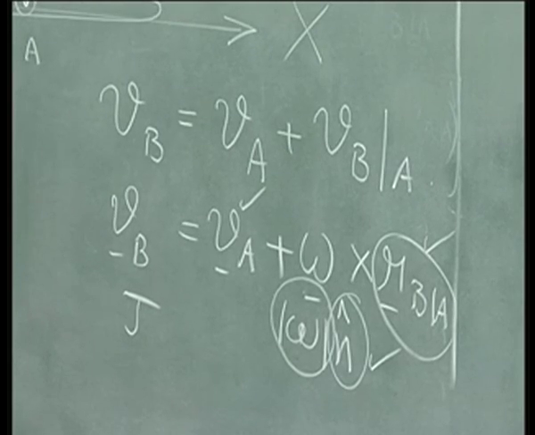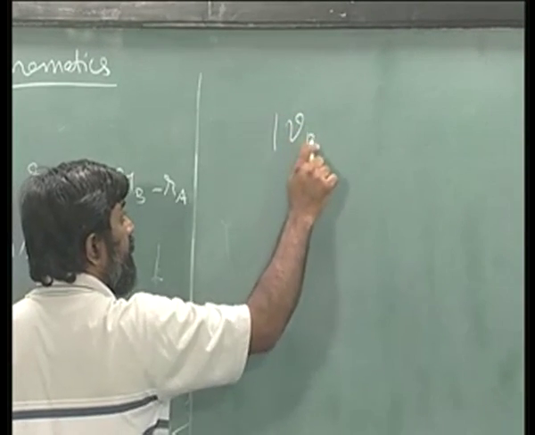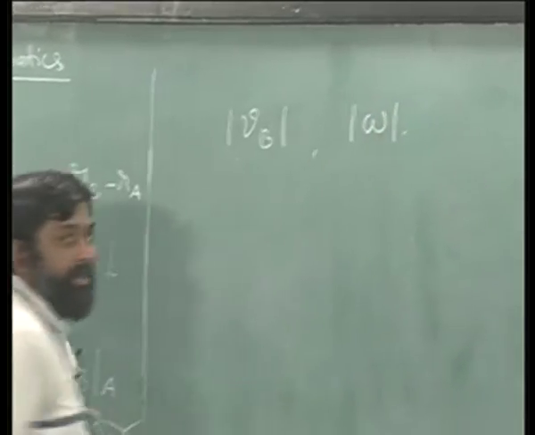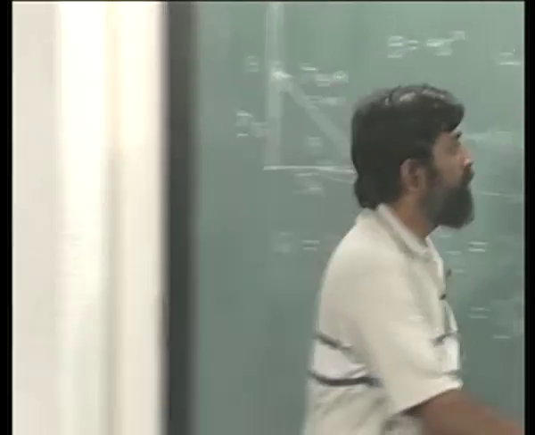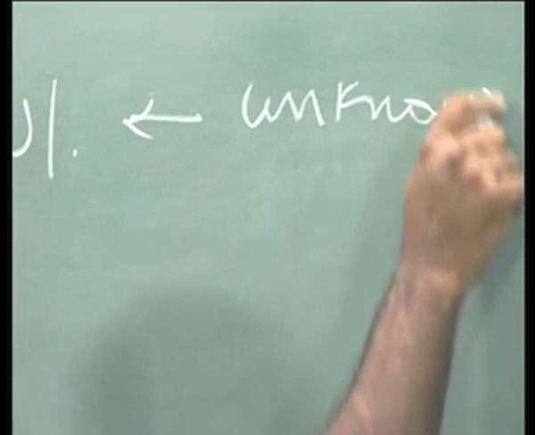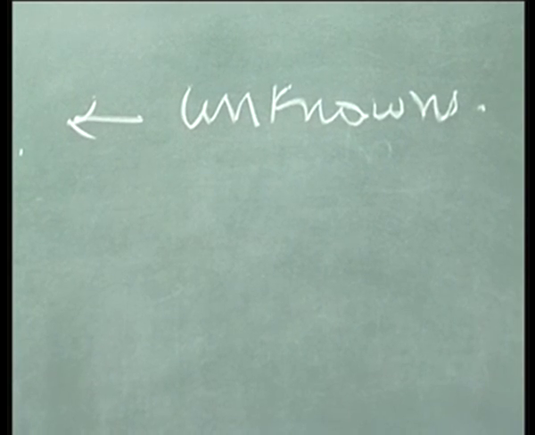So, now it is very simple, all that I do not know is the magnitude of VB and the magnitude of omega. These are the two unknowns. How many equations do I have? Remember, this is a vectorial equation.